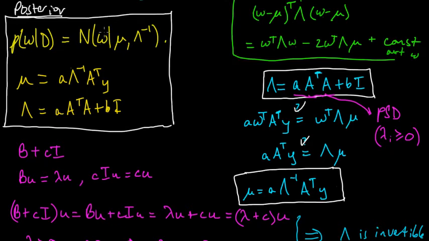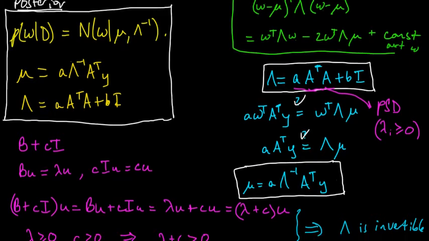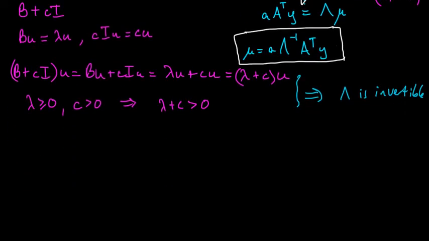And the maximizer, the mode, of a Gaussian distribution is the mean. Let's not prove that here, but it's an easy calculation to check.